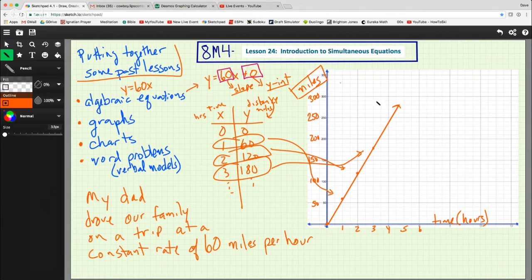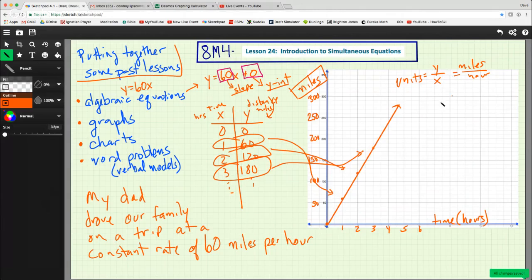And so remember, if we go back, our units of measure for our rate is always y over x, which is miles per hour, right?